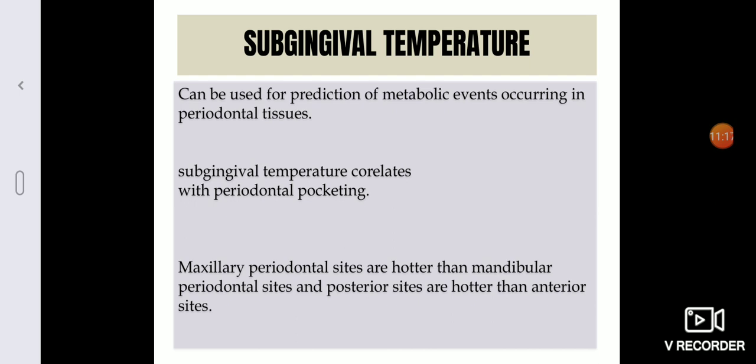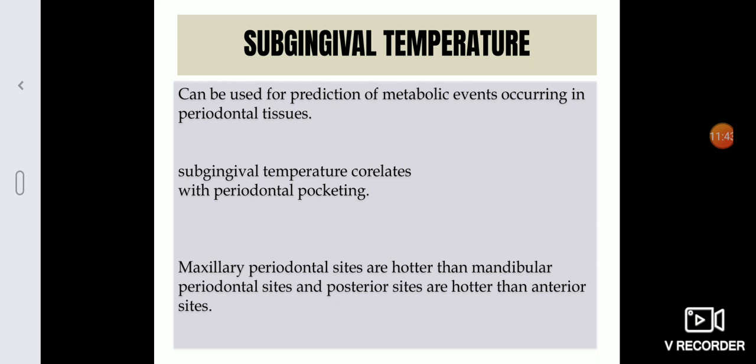Next is the subgingival temperature. Local physical changes such as temperature elevation can be used for prediction of metabolic events which occur in the periodontal tissues. As you have known, the five cardinal signs of inflammation are applicable to the periodontium as well, and one of the cardinal signs is changes in temperature.